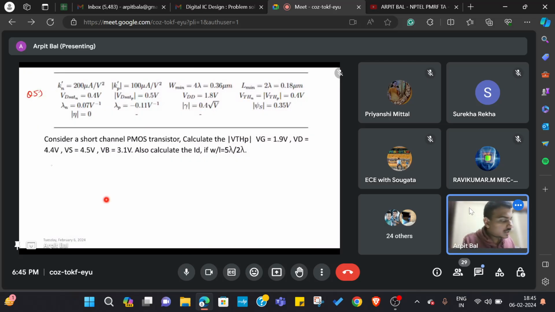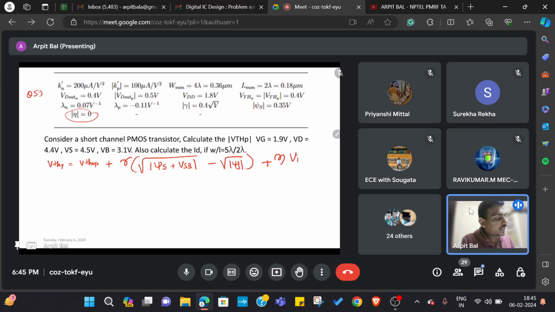Okay, so here we are given that eta equals 0. So VTHP is equal to VTH naught P plus gamma times square root of mod psi s plus VSB minus square root of mod psi s, plus eta VDS.